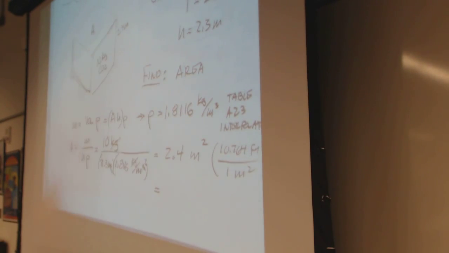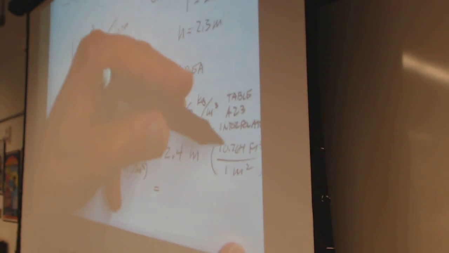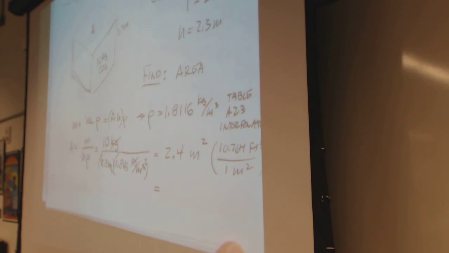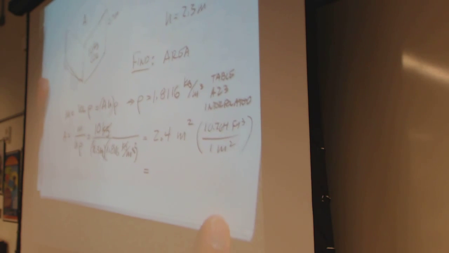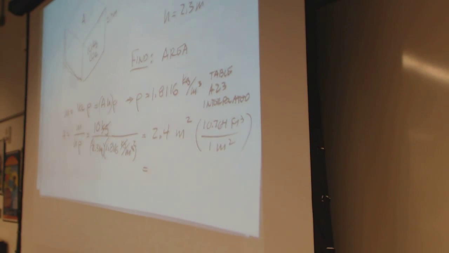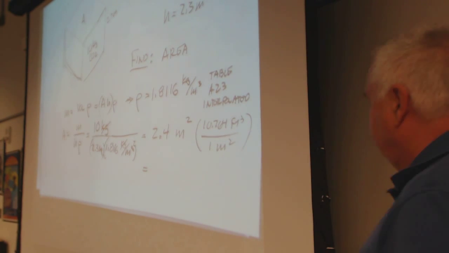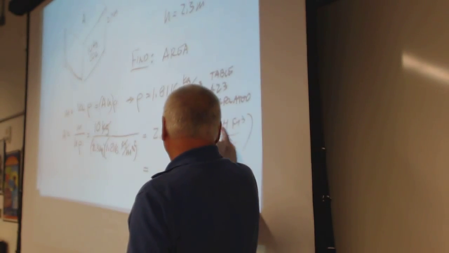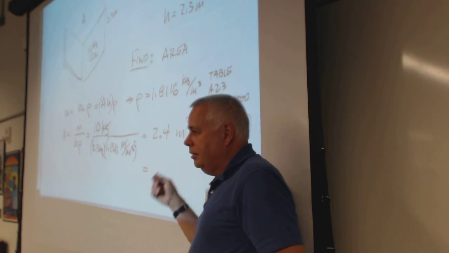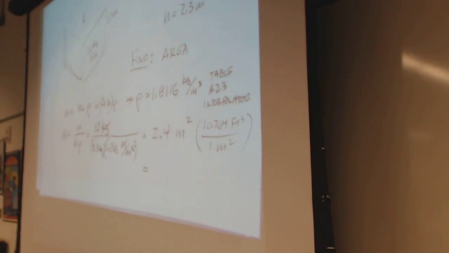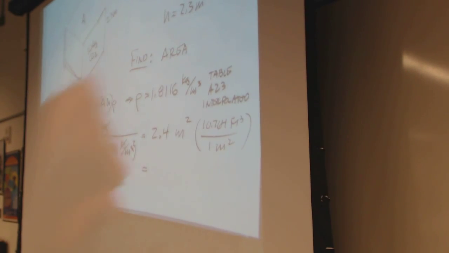So, yeah, it's 24, 25. What's that work out to? And we're going to do one more trick with that. 2.4 times 10.76. We don't need to go all the way up here. 25.83. Hold that number.